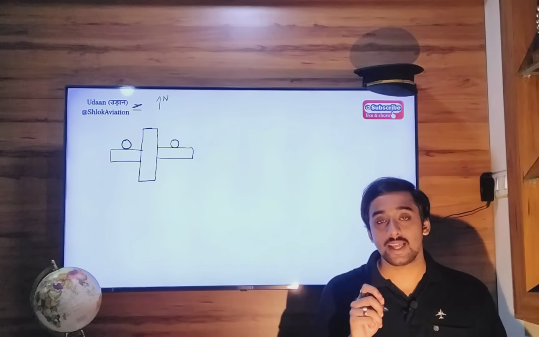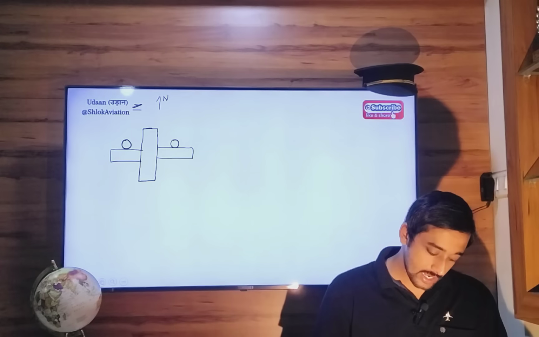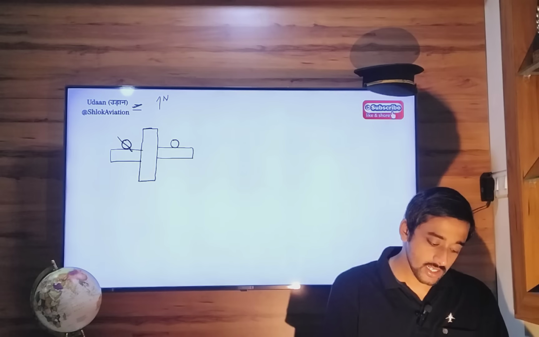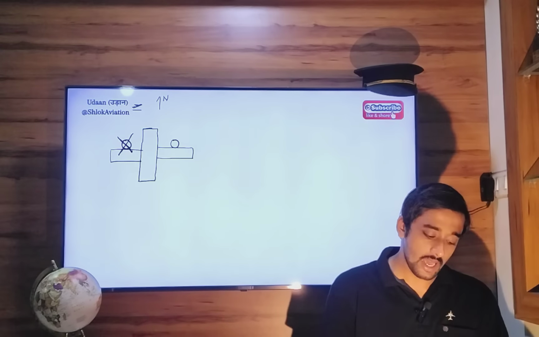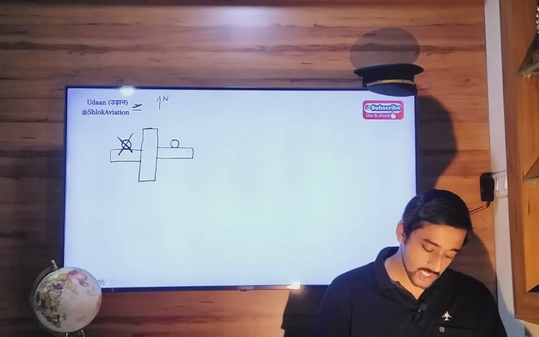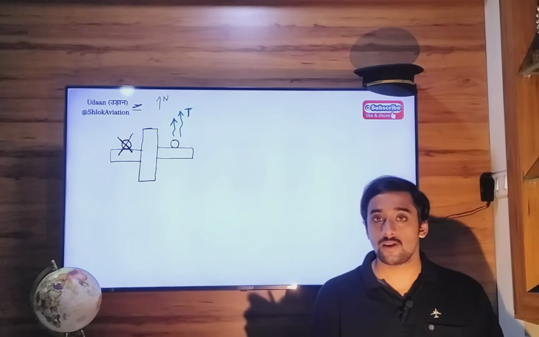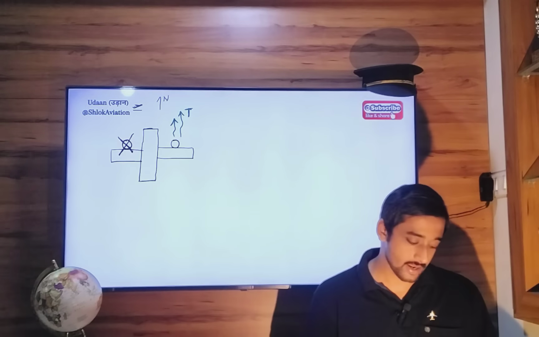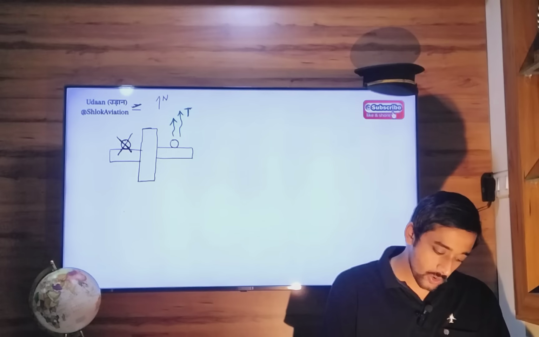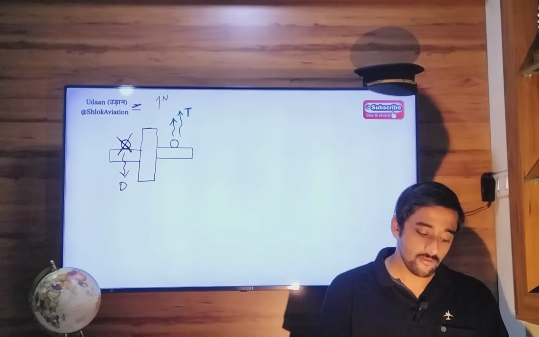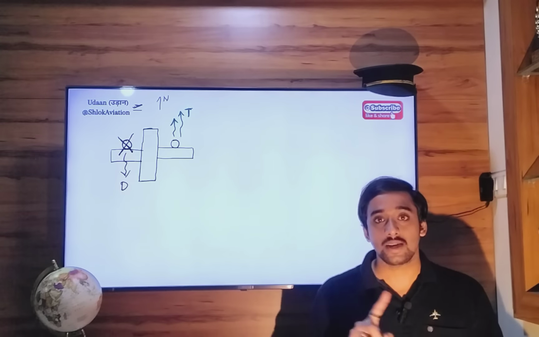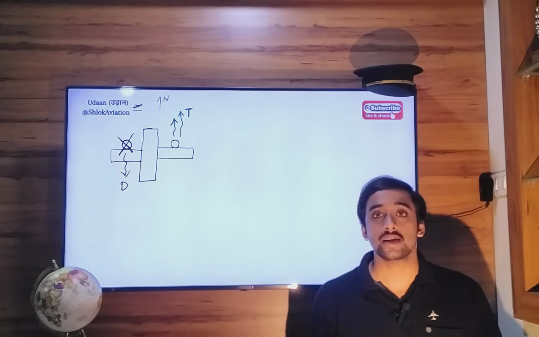Now all of a sudden the left engine fails. When the left engine fails, that means the left engine is unavailable. What will happen? Only the right engine will be producing thrust in the forward direction. The left engine has failed, that means no thrust, only drag. Wherever drag exists, on that side your aircraft will yaw.